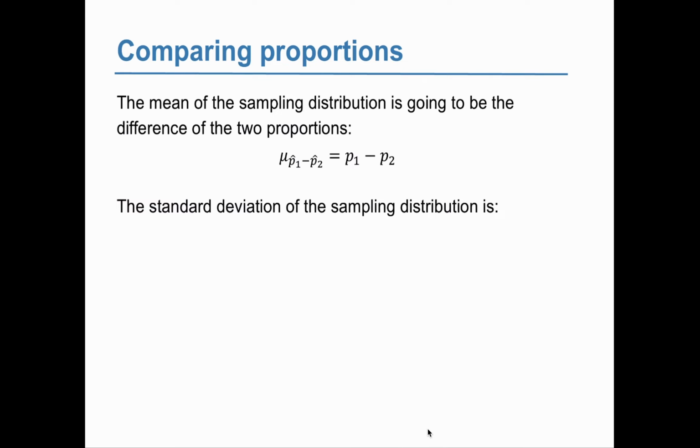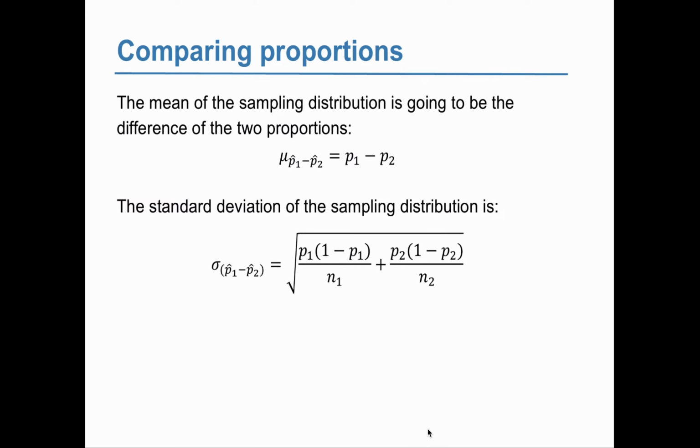Standard deviation of the sampling distribution, right? Remember that our standard deviation for one proportion is the square root of p(1 minus p) over n. Here, you just do that for both populations, add them together before you stick them under the square root.